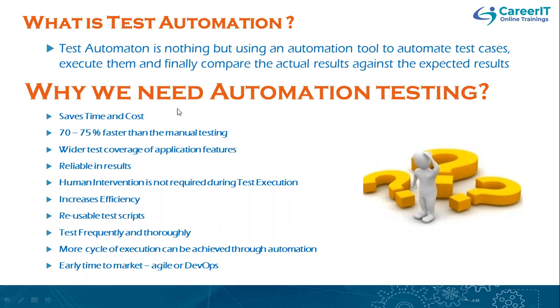Compare that with manual or functional testing, where you have 4 QA engineers plus 2 or 3 days of time. The same task you can perform using automation within just 8 hours or below, right?